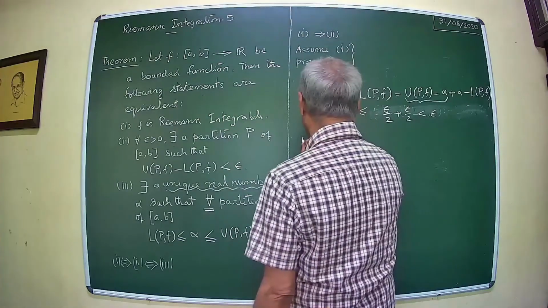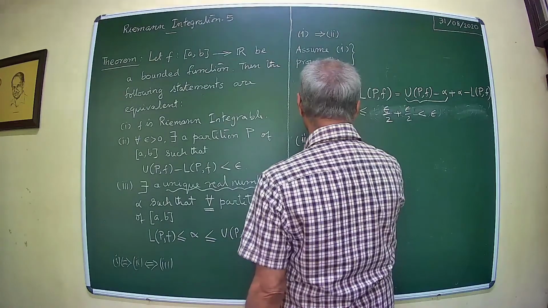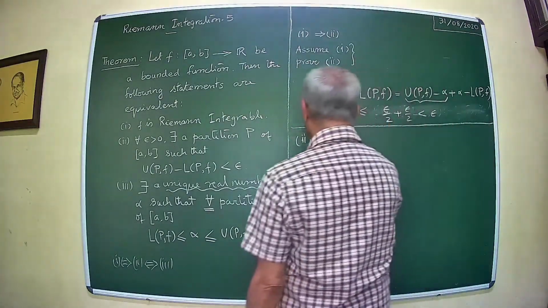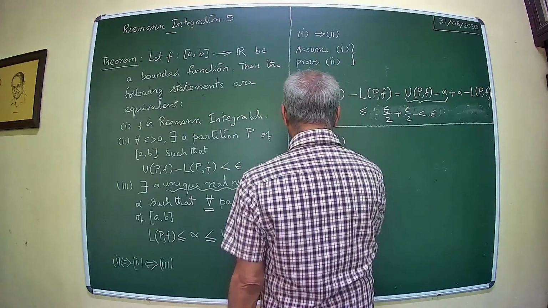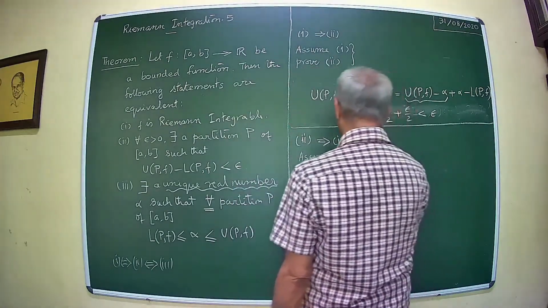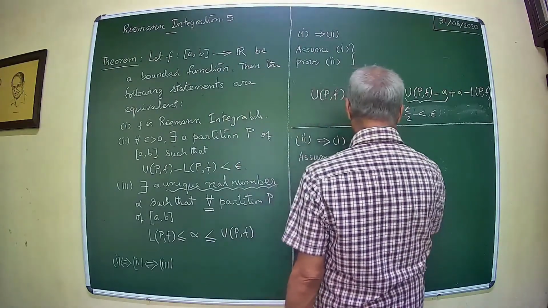So this is what we want to prove: 2 implies 1. That means we are assuming 2 and then prove 1.